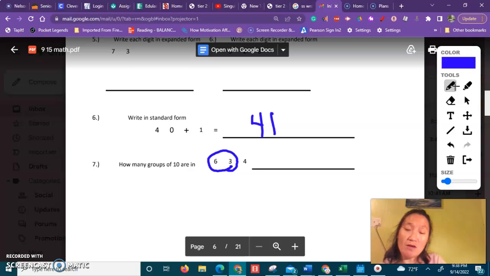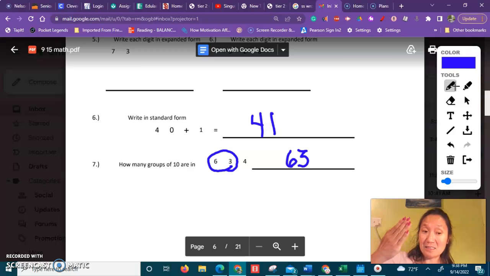That tells you that there are 63 tens, because there's 600, so I have 60 tens plus 3 tens. Because there are 10 tens in 100. I have 60 tens. Okay?